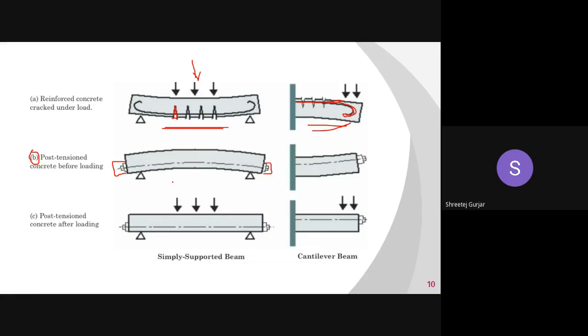And once they have locked it and released the pulling force, or the jacking force, the tendon tries to shrink, it tries to regain its original size, and because the anchorage device does not allow it to shrink, those anchorage devices hold it in place, and the tensile force, the pulling force of your tendons, will be transferred to your concrete as compression by these anchorage devices. Okay, so this is there.